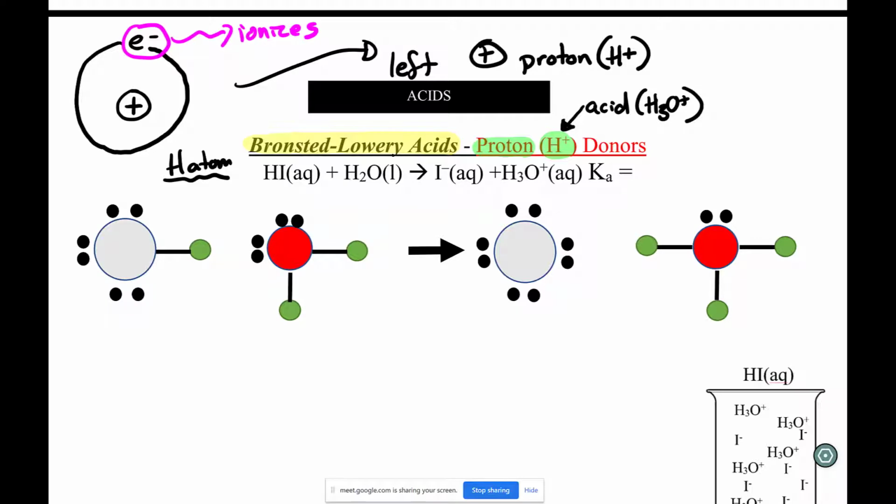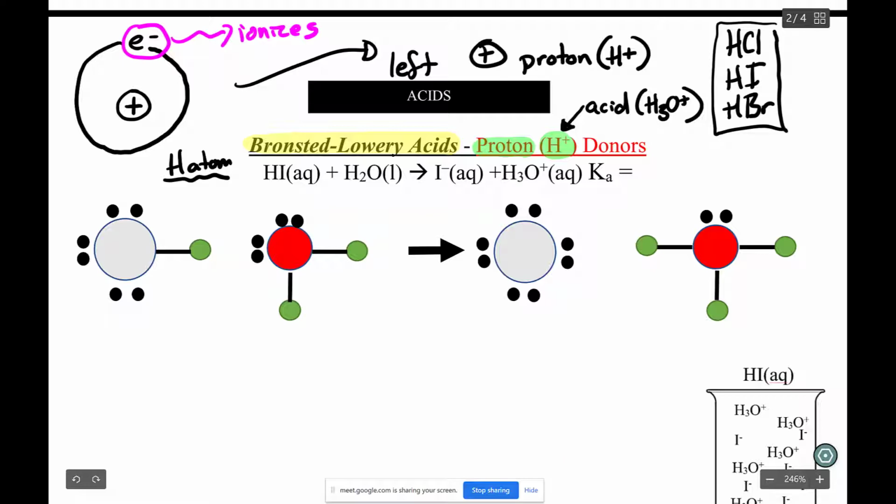So I hope this helps you recognize that things like HCl, which have a hydrogen that can ionize, or HI or HBr, they all have a hydrogen atom that can ionize and turn into a proton. And therefore, these things are classified as acids because they can donate a proton.